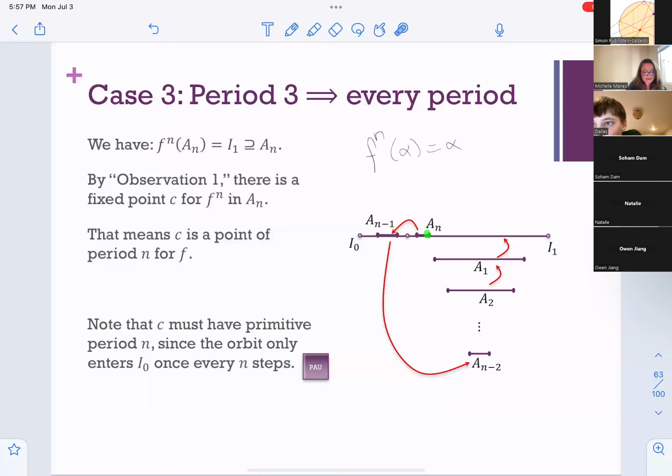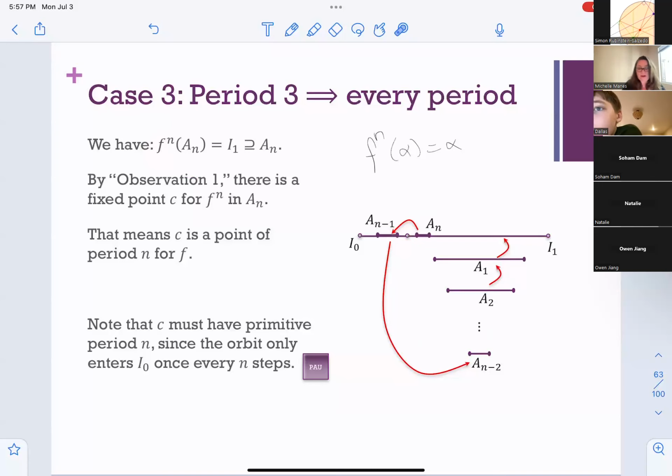I start here and I go to the left interval and then I stay in the right interval the whole time. And I'm only over here every n times. So it has to actually be a genuine period n and not something smaller masquerading as period n.